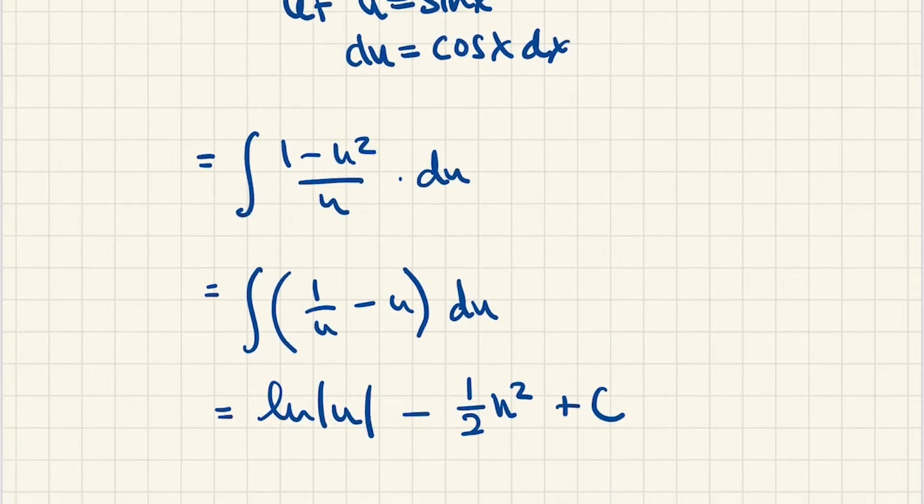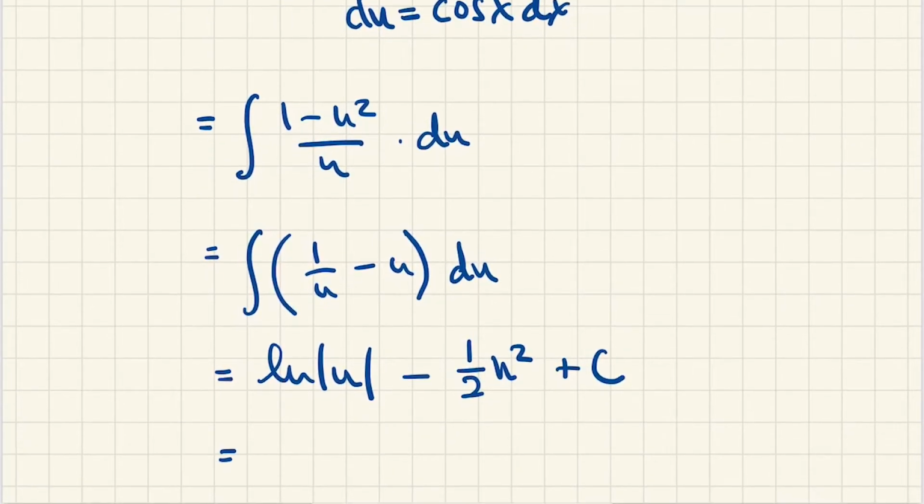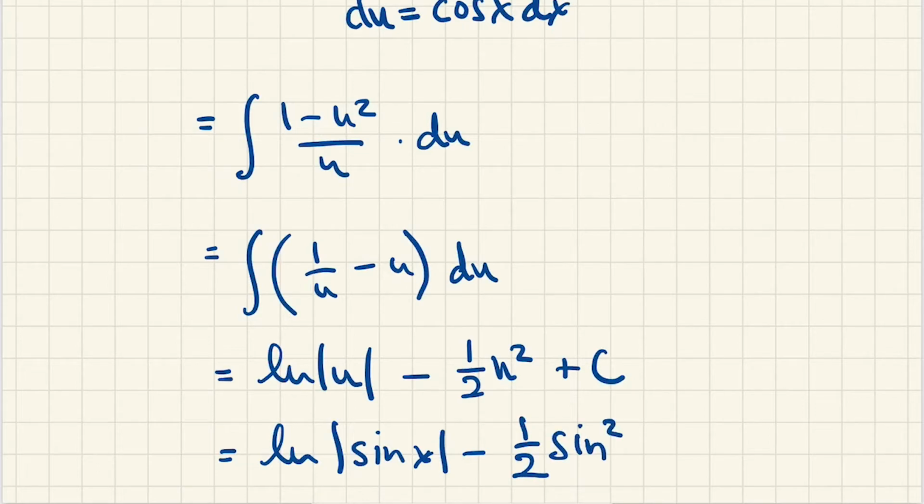And you can just finish by converting everything back over to sine. So we get ln of absolute value of sine x minus 1/2 sine squared of x plus c. And there we are.